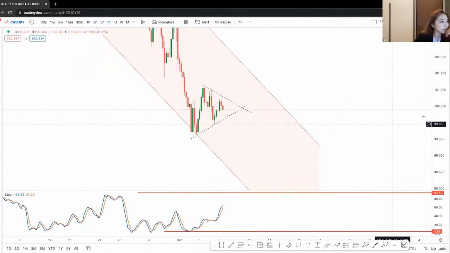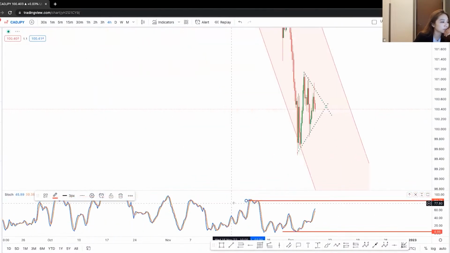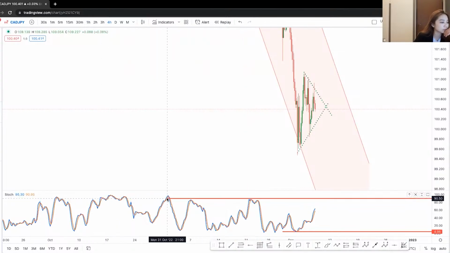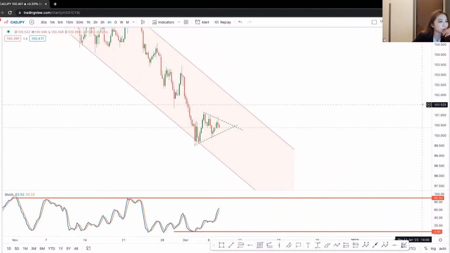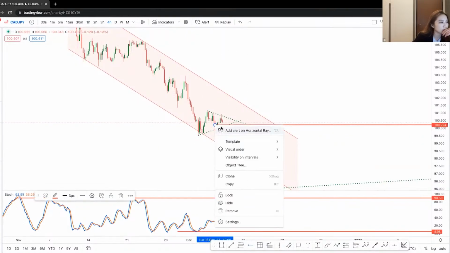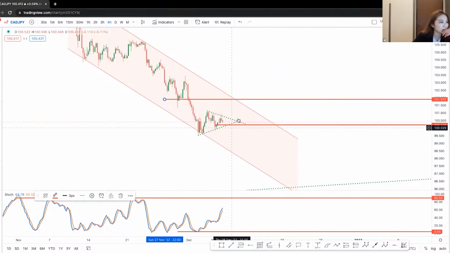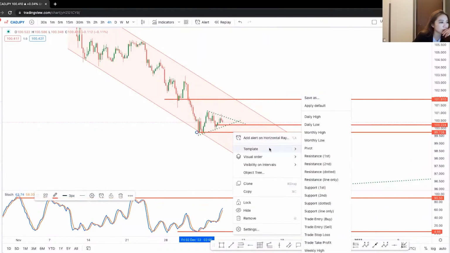On H4, you can clearly see that price has not reached its full potential in terms of resistance. Still trying to climb upwards. I'll say for the short time being, it'll be pretty hard. However, if you're looking at a longer time period, you could see that there is a chance of bouncing up. However, it's not a very big entry. I would say the risk is not very worth it.